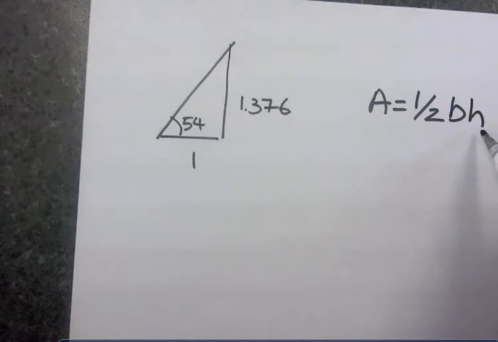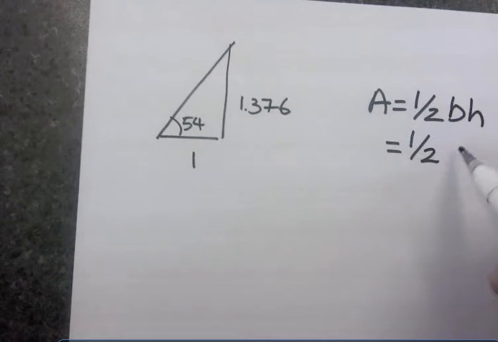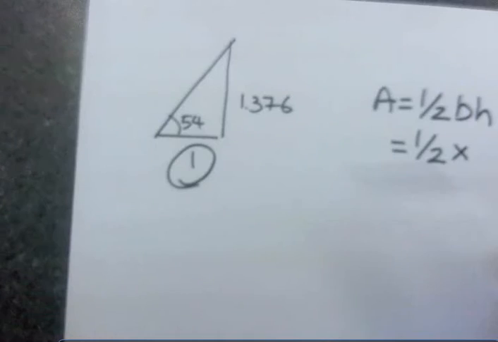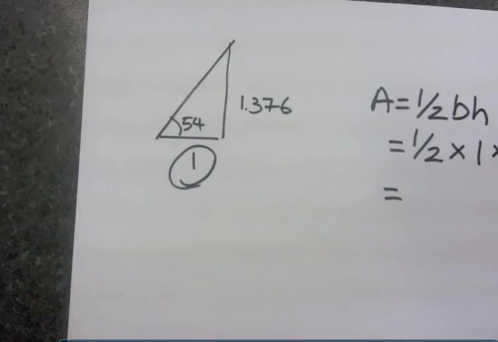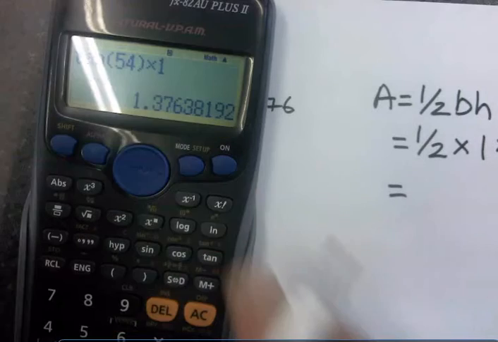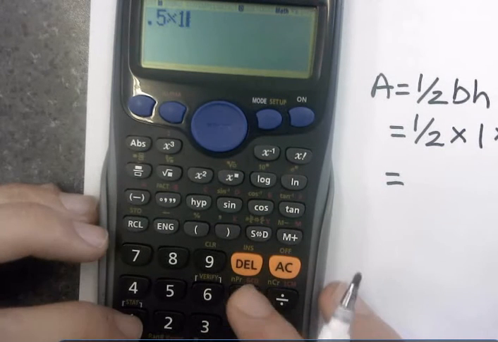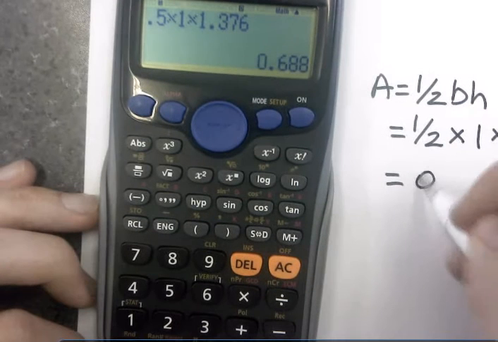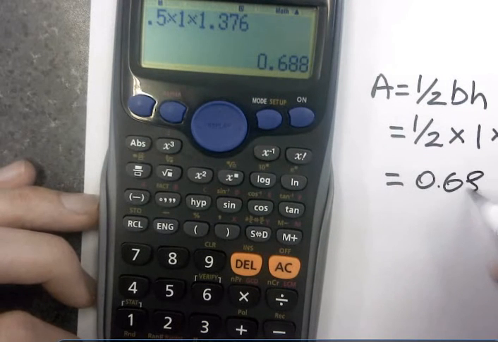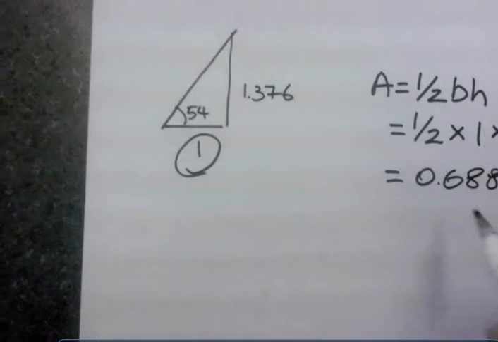All of these are present. Half times base, which is 1, times height 1.376. So if I use a calculator, 0.5, which is half, times 1 times 1.376, I got 0.688 centimeters squared for this area here.